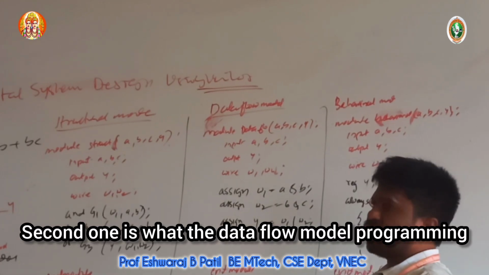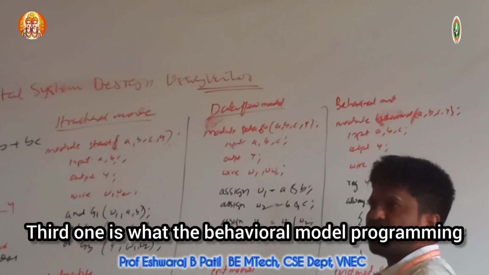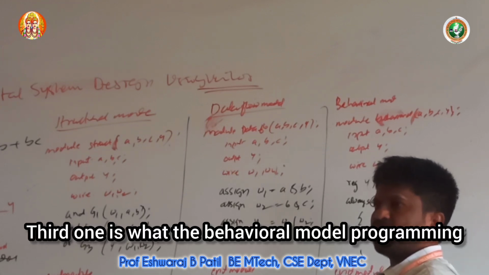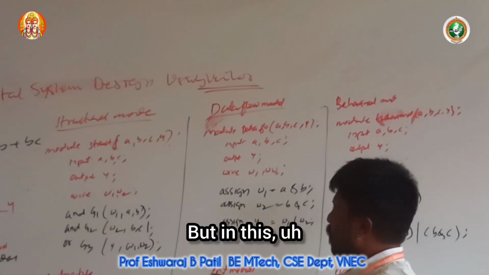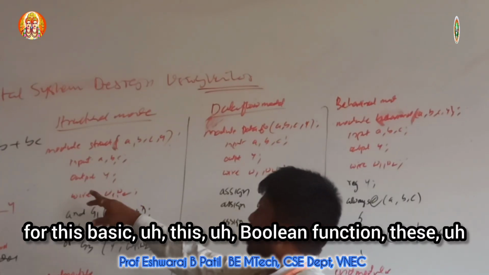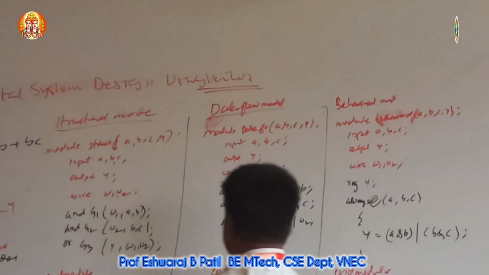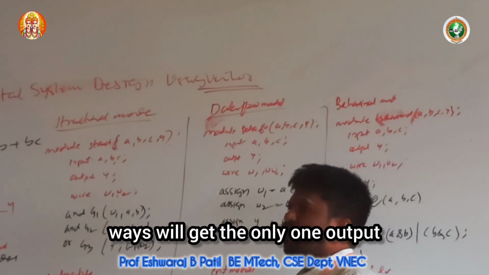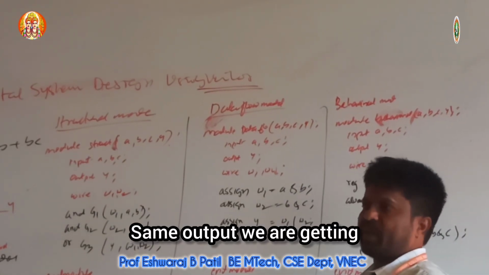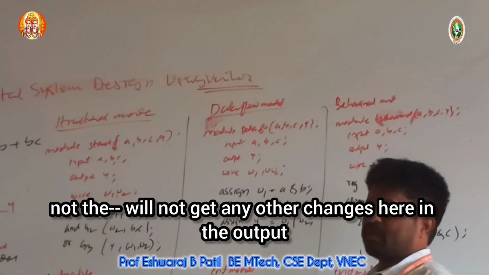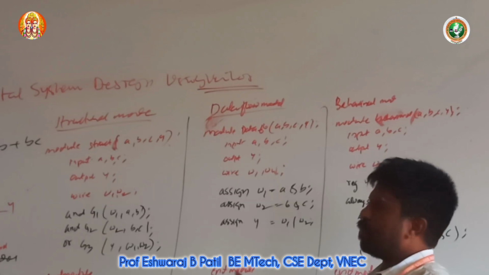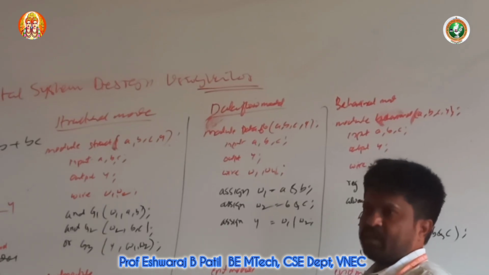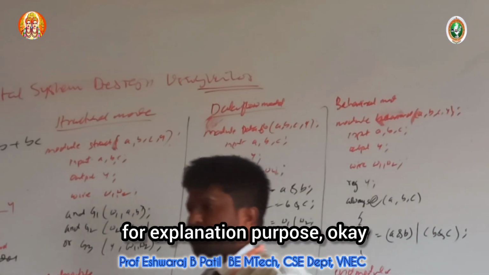Second is data flow model programming. Third is behavioral model programming. But for this basic Boolean function, these different programming ways give only one output. We will not get any other changes in the output. But we have written it in different ways for explanation purposes.